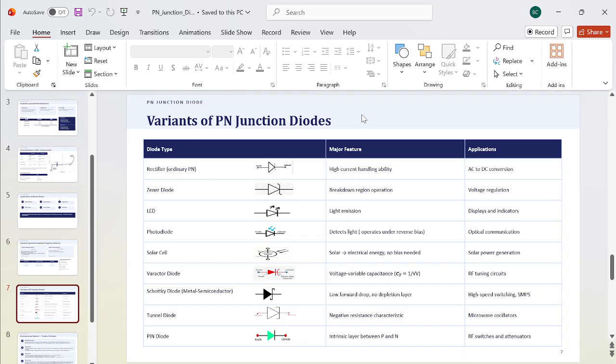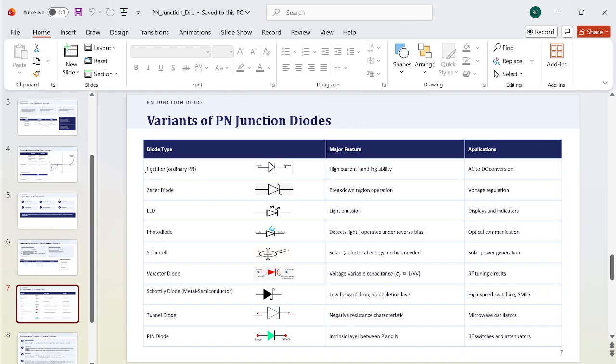So semiconductor diodes have been developed by modifying certain features of the original PN junction diode, and these modifications are basically guided by the applications in which we want the diode to work. I will not go into the details of these variants of the PN junction diode. I will talk only a few things about them.